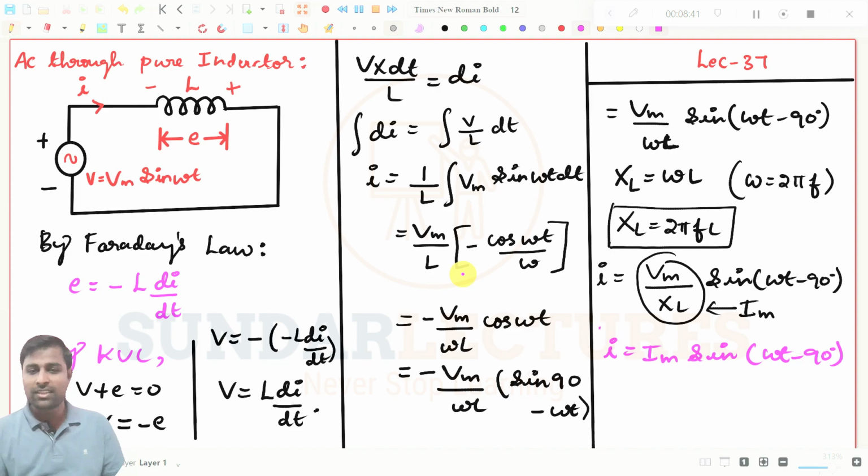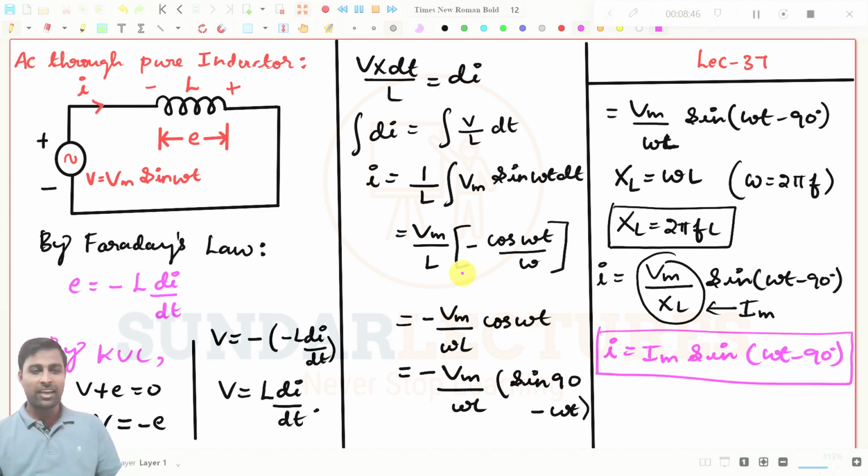This is the expression for I that we have found, right? What is Im? This is Vm by XL. And what is XL? It is equal to 2 pi f into L.